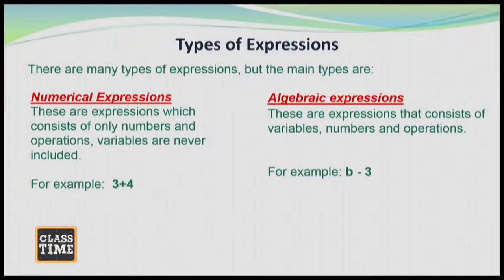So the numerical expressions consist of only numbers and operations. Variables are never included. For example, 3 being added to 4. While the algebraic expressions consist of variables, numbers, and operations. In our example, we have b subtract 3.